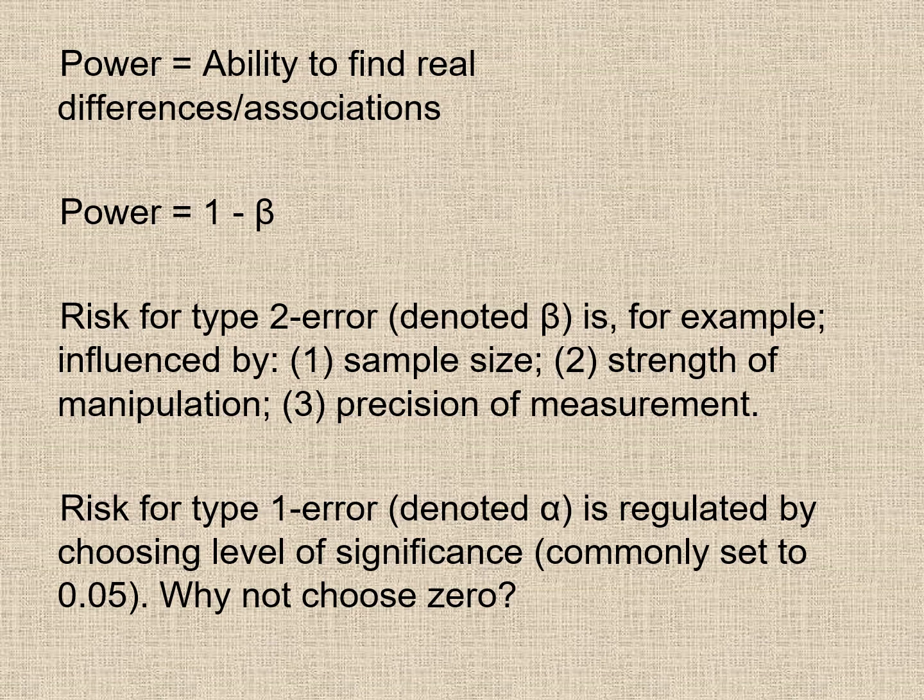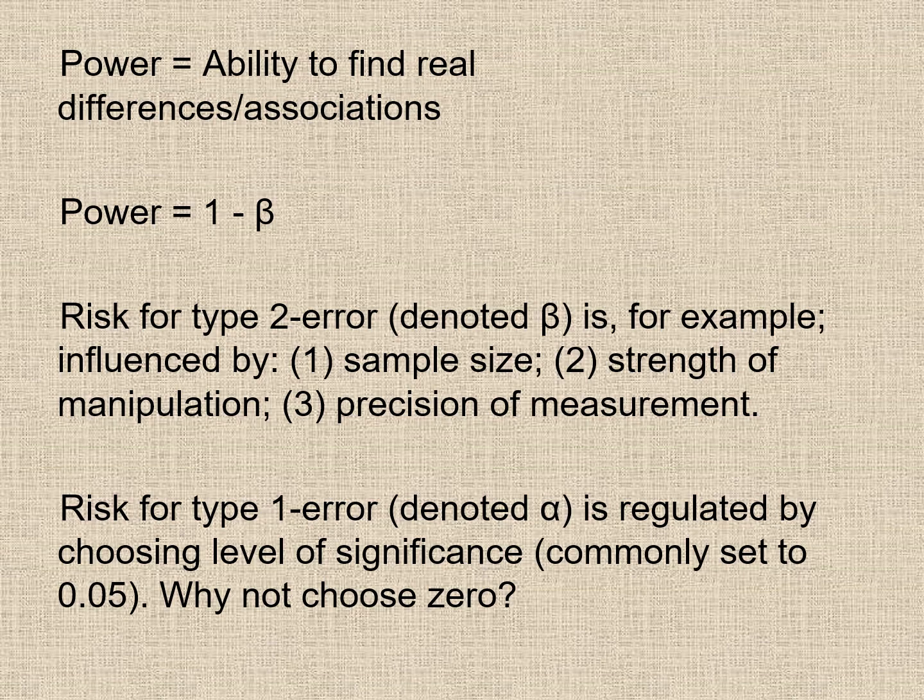Power is 1 minus beta, where beta stands for the risk for type 2 errors. So with no risk for type 2 errors, then we will have 100% power, and the result will always be significant. So the study will always find a difference or association. There is no risk for type 2 errors.